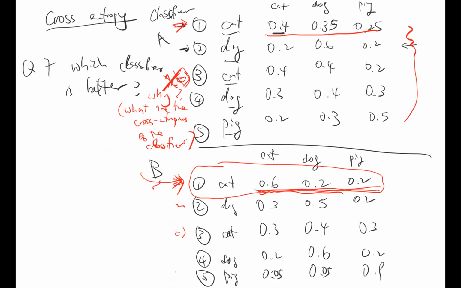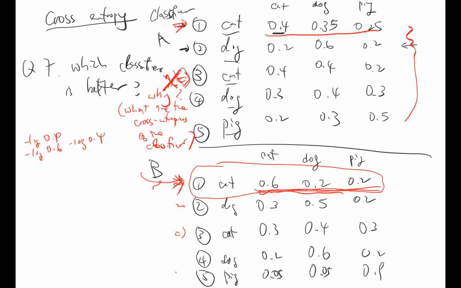So the cross entropy will be just minus log 0.4. For the second one, it's dog, so minus log 0.6. Then the third is cat, minus log 0.4 again.